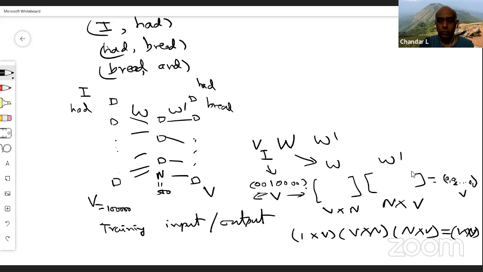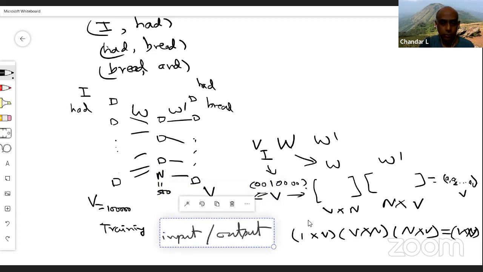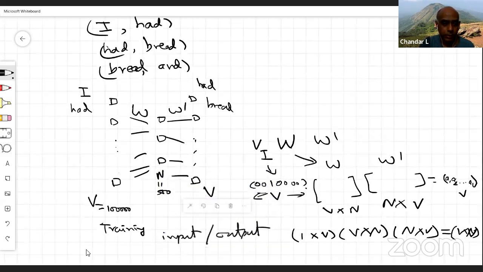We need to convert this into something which uniquely determines the word had, because for every input, we only have one unique output in the bigram. This is done using the approach called Softmax.